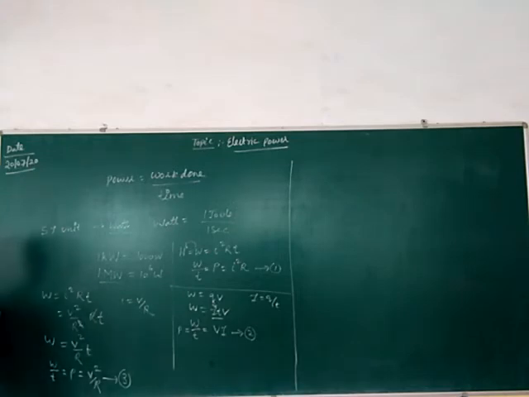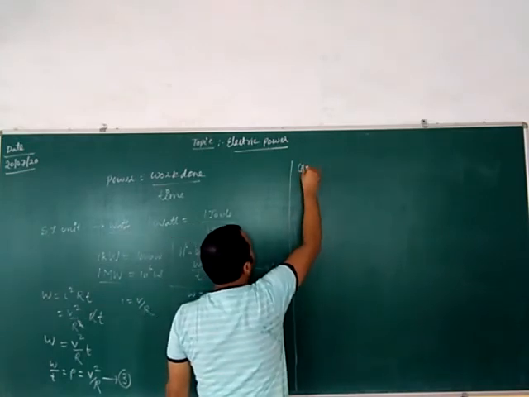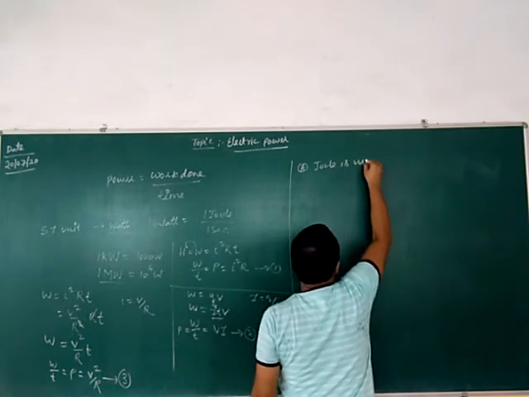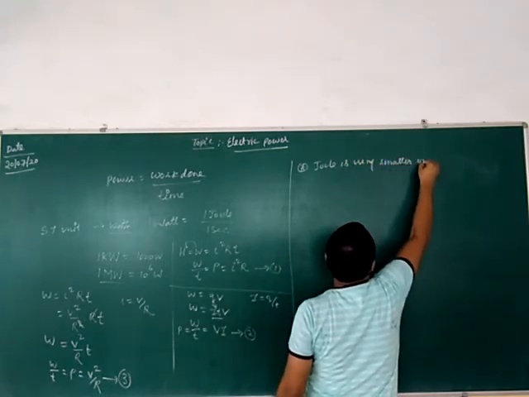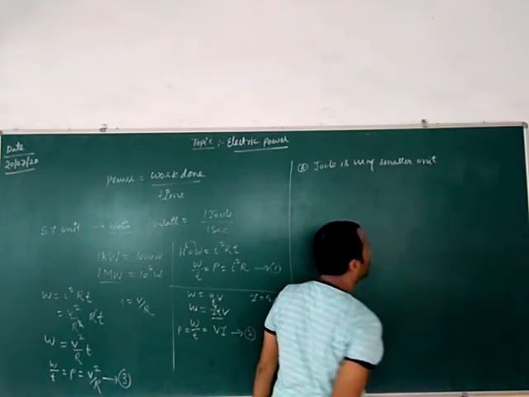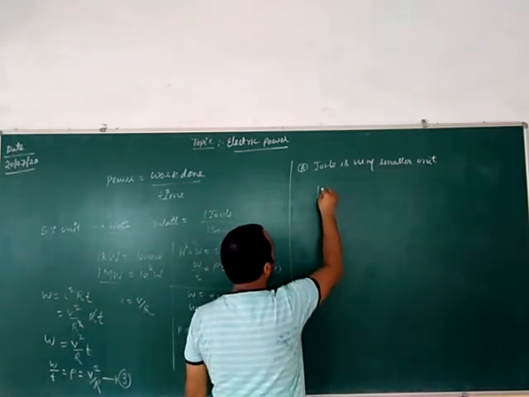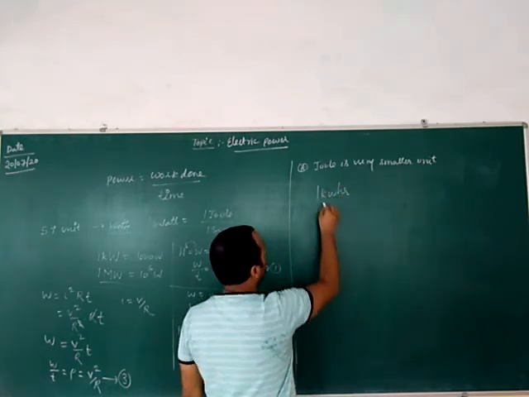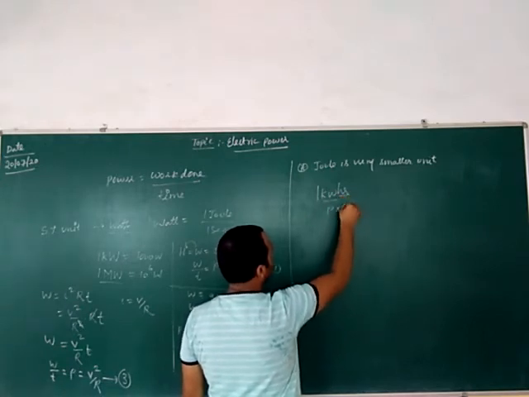Okay. Now here you should know that joule is a very small unit. So on the commercial scale, we use bigger units such as kilowatt hour. Kilowatt means power, and hour means time.